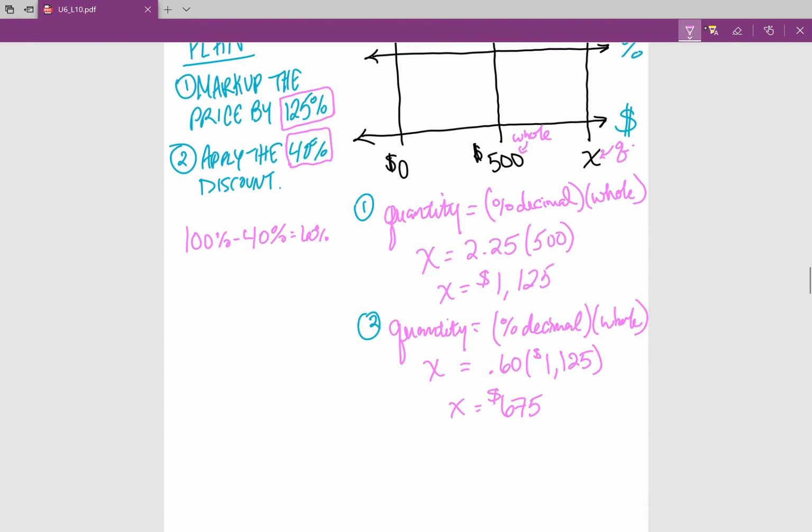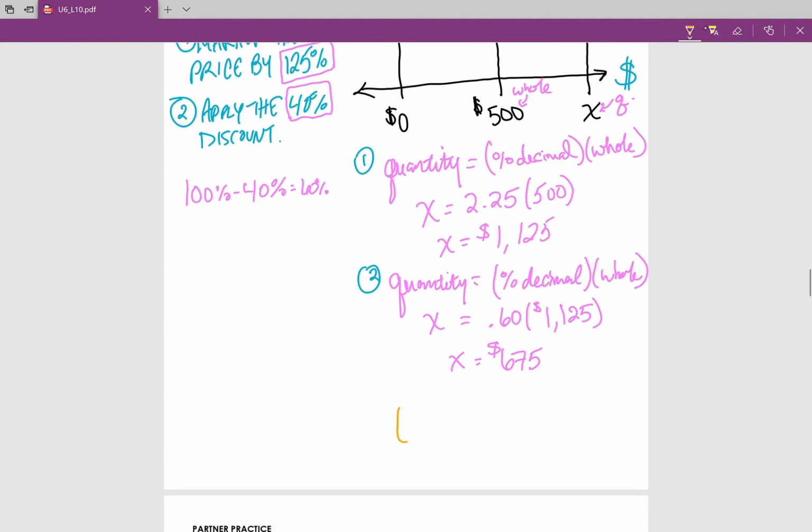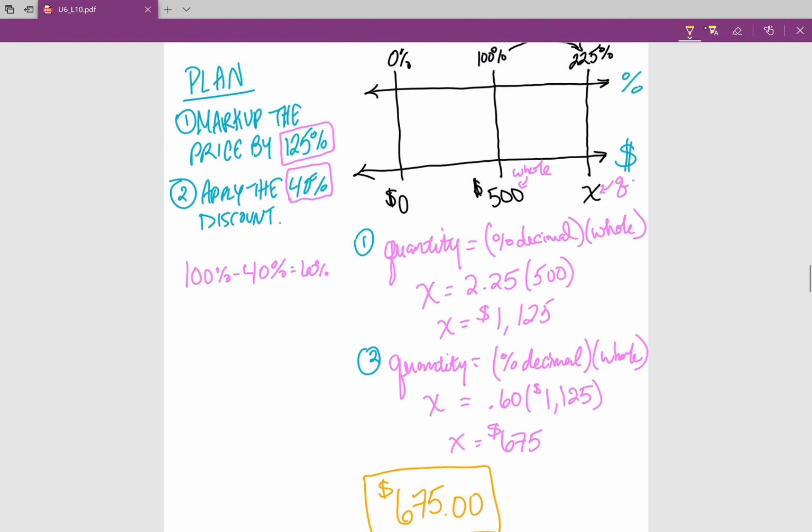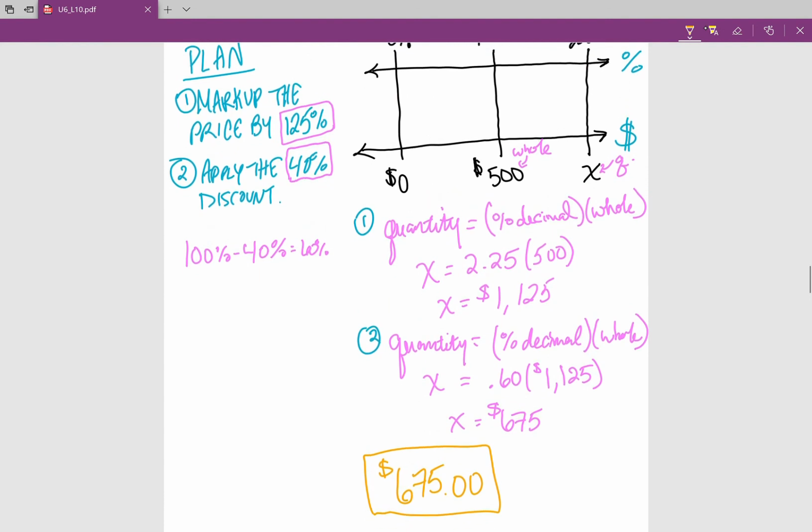And that is our sale price. All solved by using markups and markdowns as a percent change.